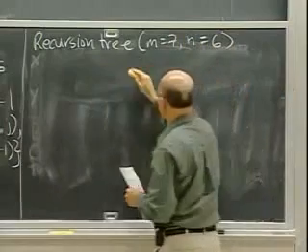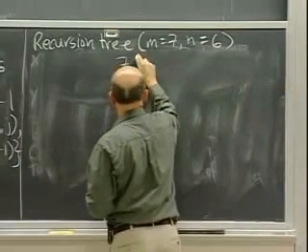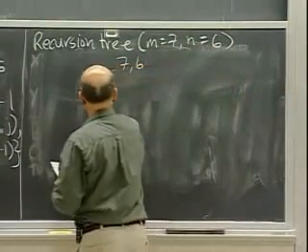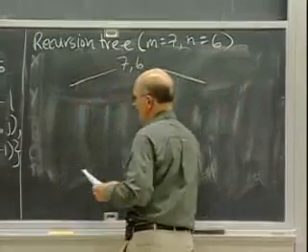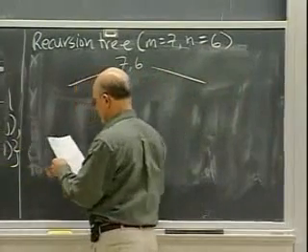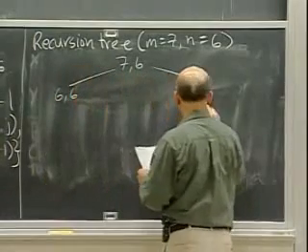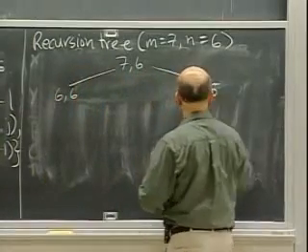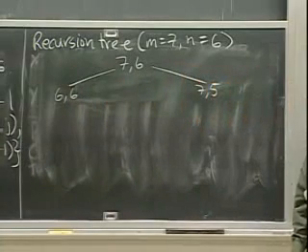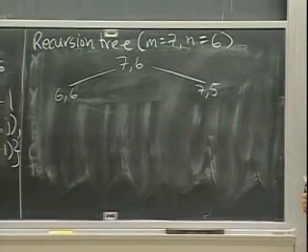So we start out at the top with my two indices being 7 and 6. Then in the worst case, we have to execute these. So this is going to end up being 6, 6 and 7, 5 for indices after the first call.